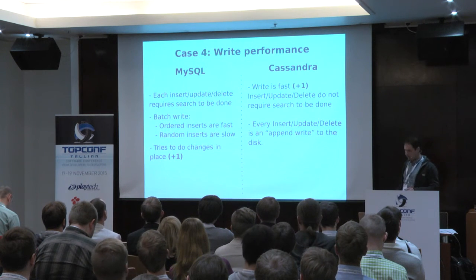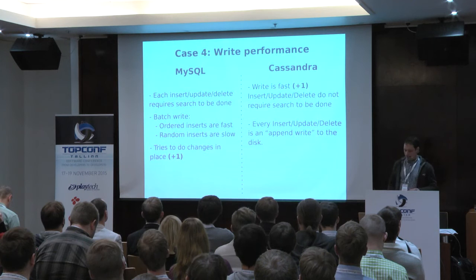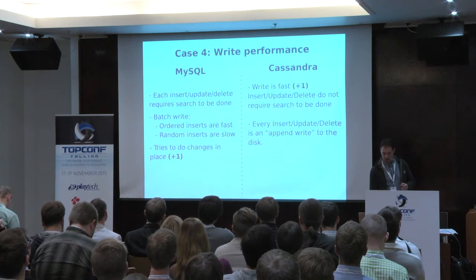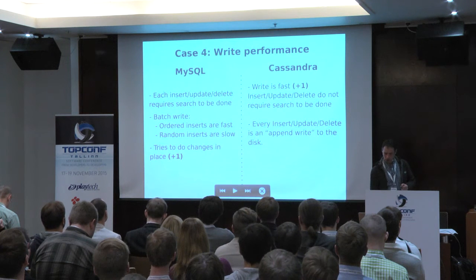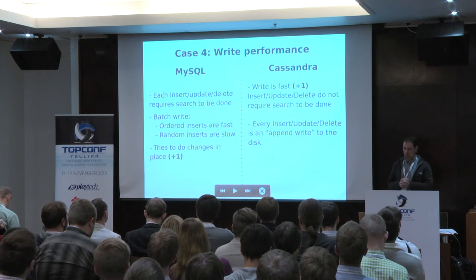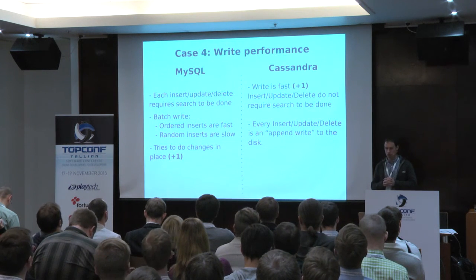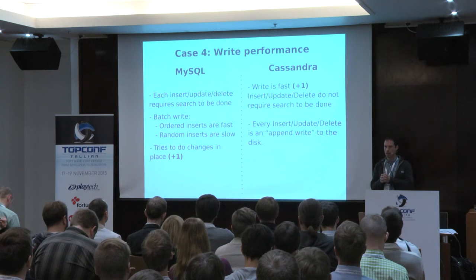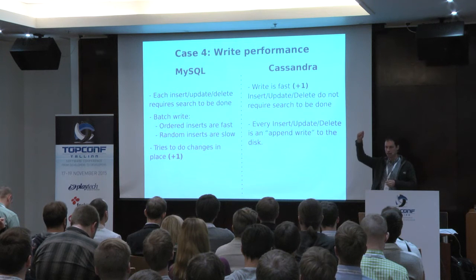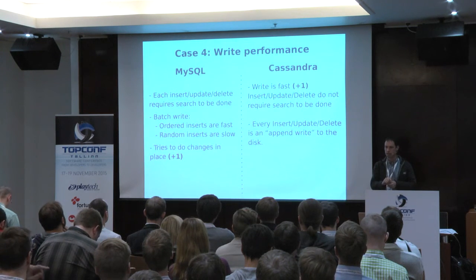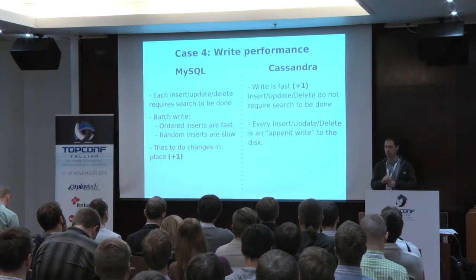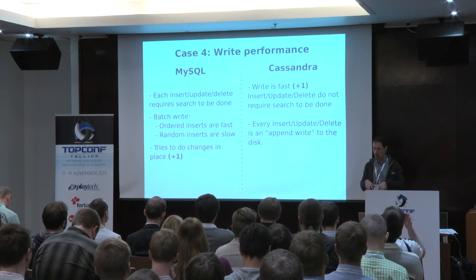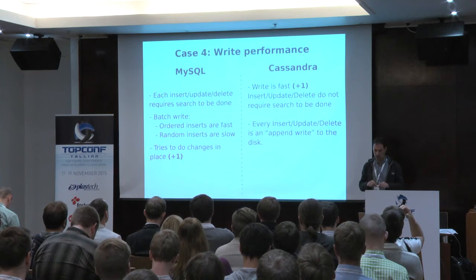So, case number 4. As we've seen in our architectures, in the case of MySQL, if we consider write performance, we are doing an insert, update, or delete operation, and first MySQL needs to find where the data record is located in the tree, and afterwards it performs some updating of this data.